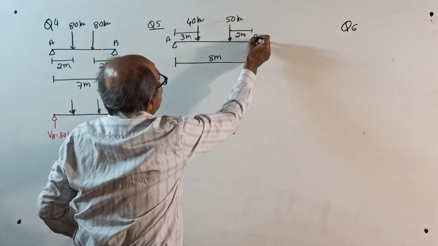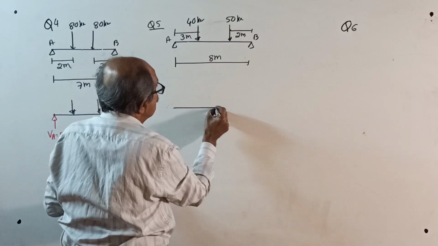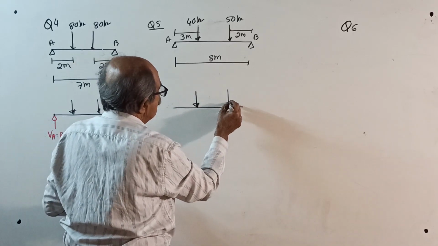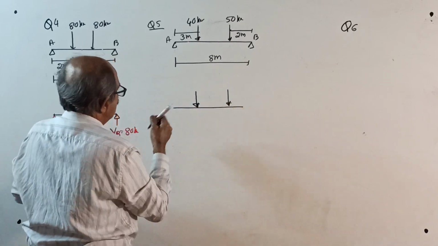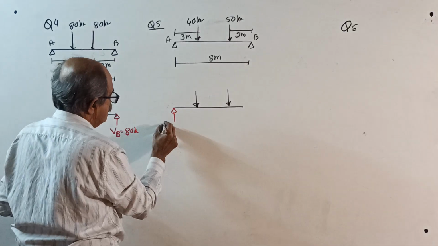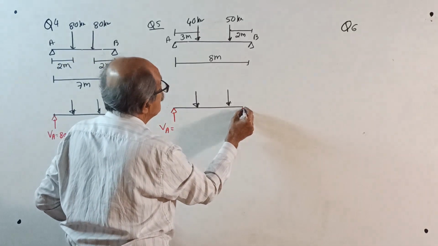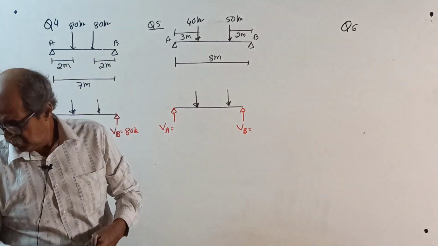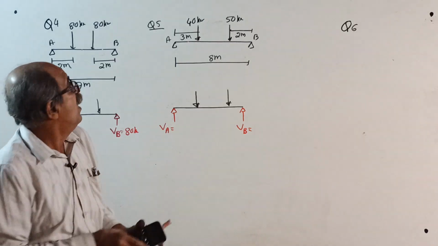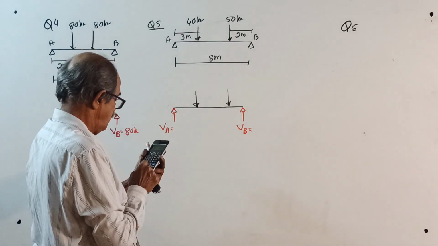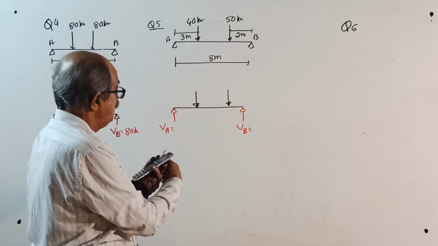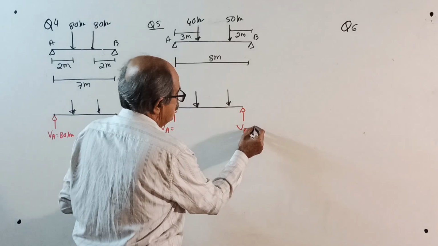If I don't write also, left is A, right is B. Answer. 52.5 kilonewton.